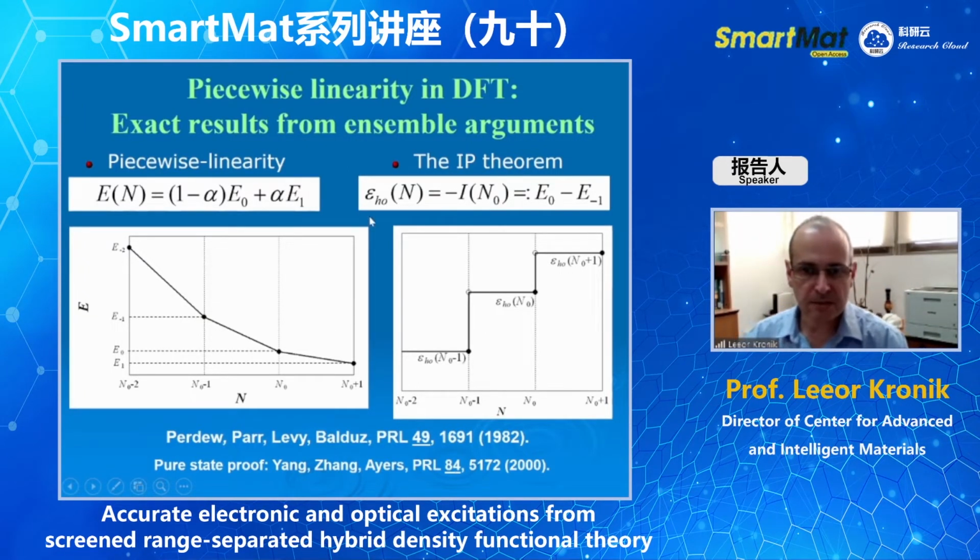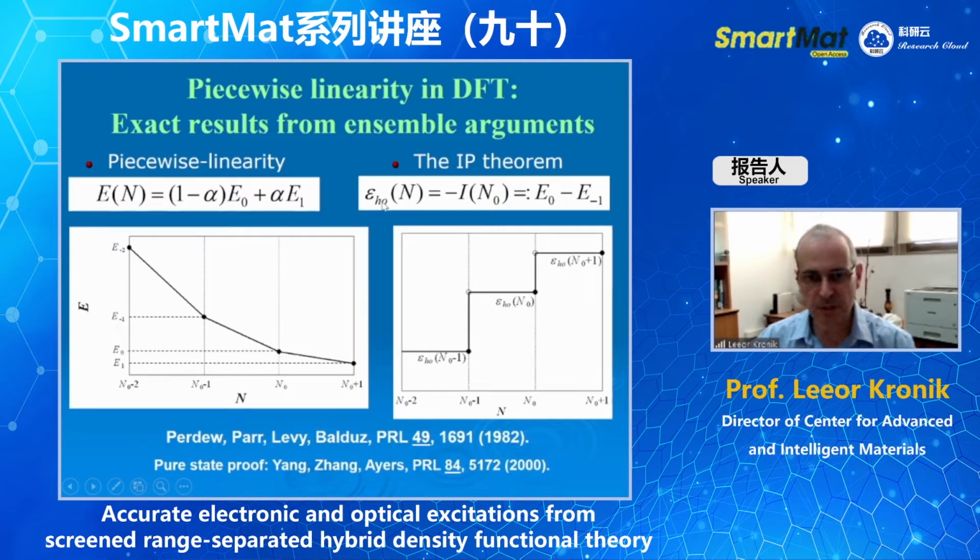The important thing is that there is also a theorem due to Janak that says that the derivative of the energy with respect to the occupation of the orbital is actually the eigenvalue. So that means that the highest eigenvalue is just the derivative of the energy with respect to the density, which is just the slope here. So the highest eigenvalue is like a staircase plot as a function of the number of electrons.